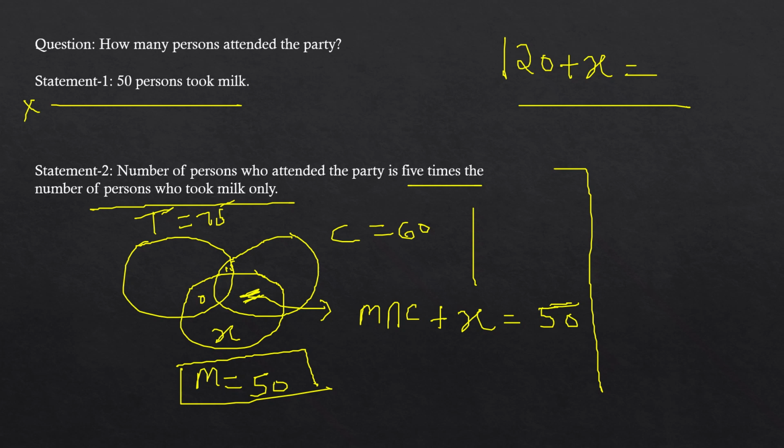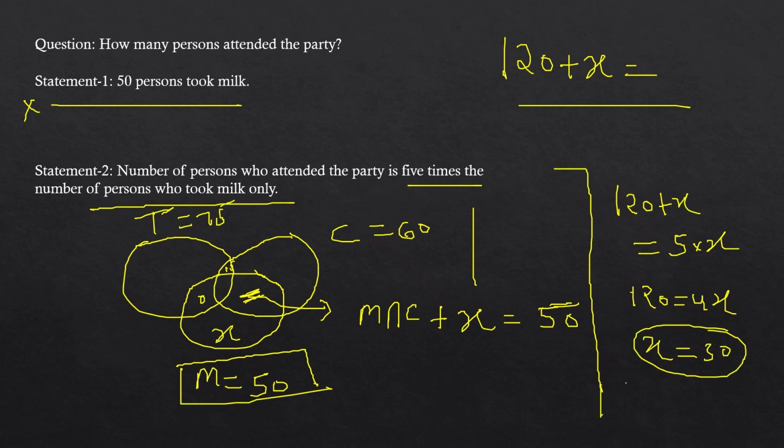So the persons who took only milk is X. The number of persons who attended the party, which is 120 plus X, is 5 times the number of persons who took milk only. So 120 plus X equal to 5X, and from here we will get 120 equal to 4X and X equal to 30.